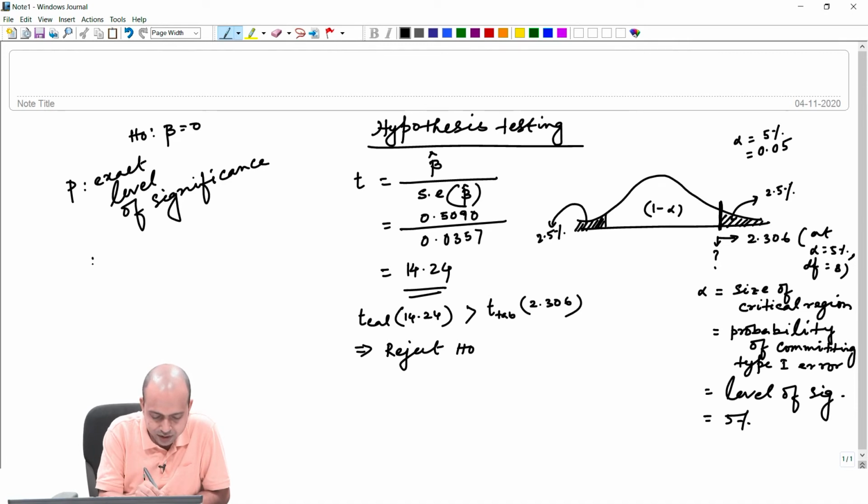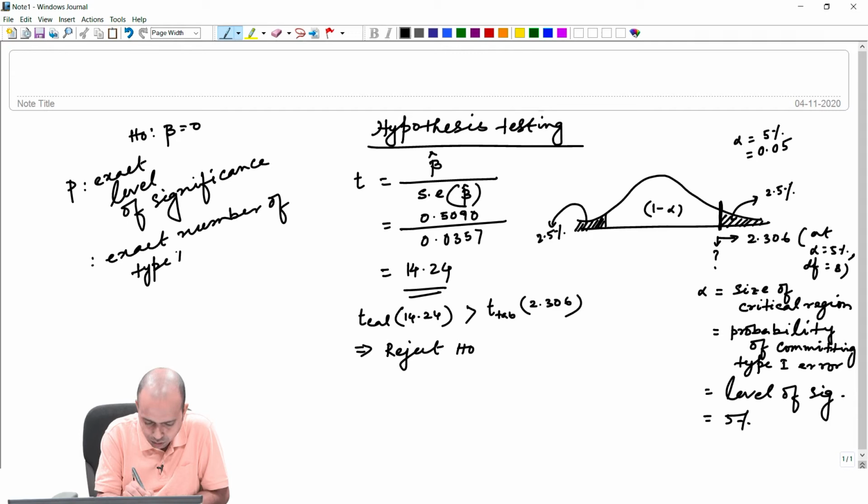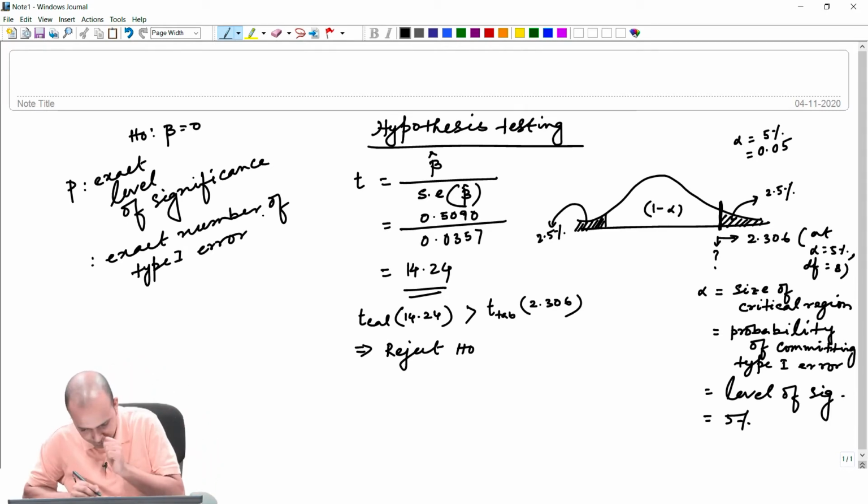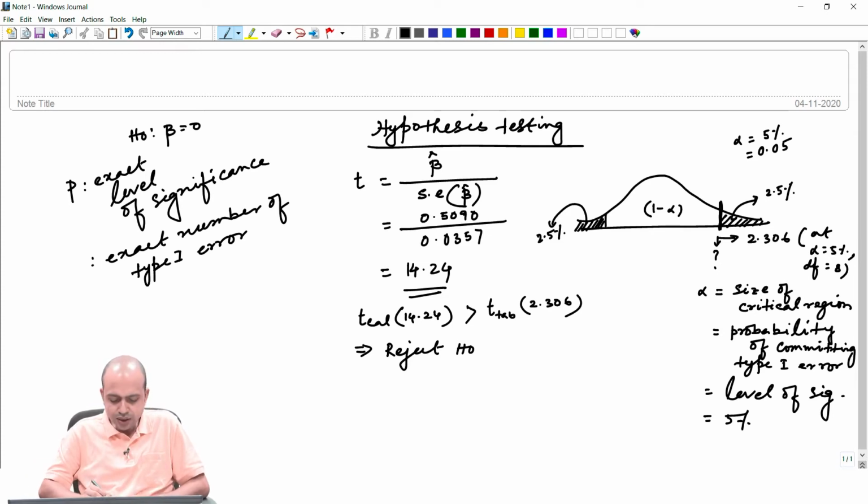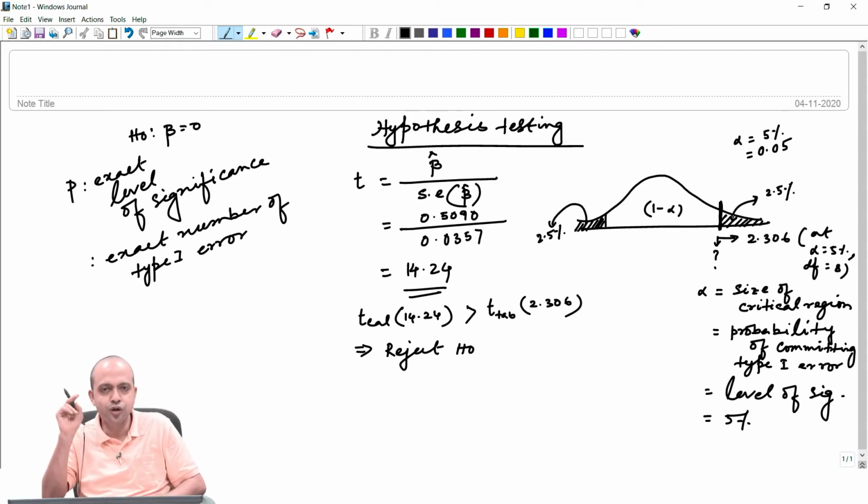Or you can say that this is the exact number of type 1 error. Now, why is this P required? As I said, this T is telling that this is significant at 5%, but I do not know whether it is significant at 1% level also. I need to again check the value of T at 1% level and then decide.